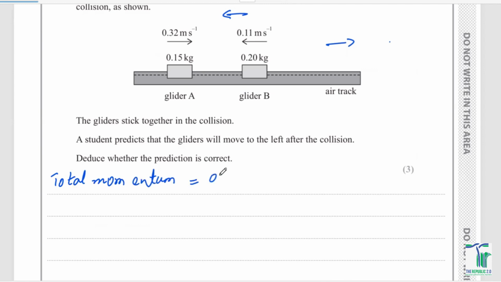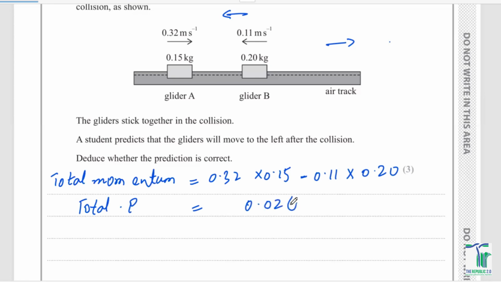So 0.32 times 0.15. And since glider B is moving in the left direction, minus 0.11 times 0.20. By solving it out, you would have the total momentum equal to 0.026.